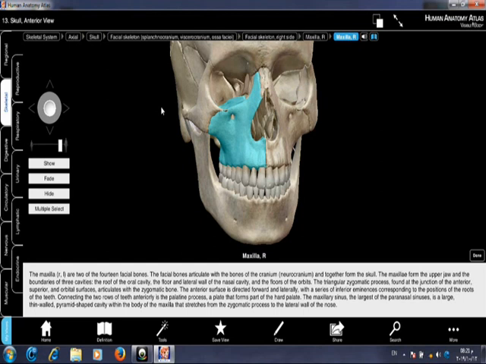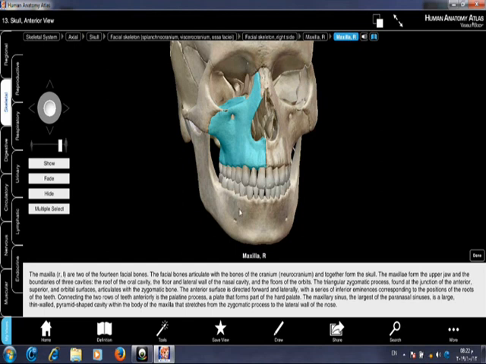The triangular zygomatic process, found at the junction of the anterior, superior, and orbital surfaces, articulates with the zygomatic bone. The anterior surface is directed forward and laterally, with a series of eminences corresponding to the positions of the roots of the teeth, connecting the two rows of teeth anteriorly in the palatine process.